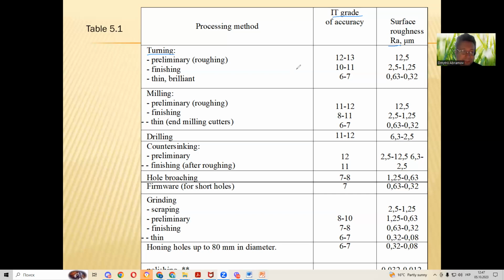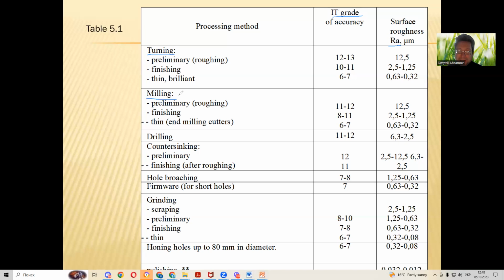For milling, preliminary or roughing milling, IT grade will be from 11 to 12, and surface roughness parameter Ra will be 12.5, like in turning.